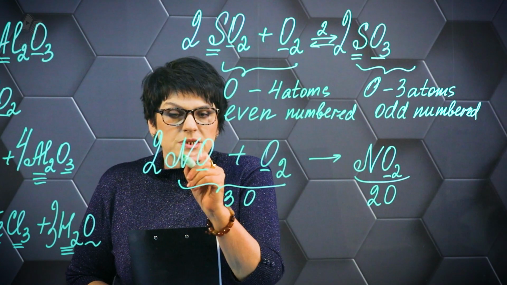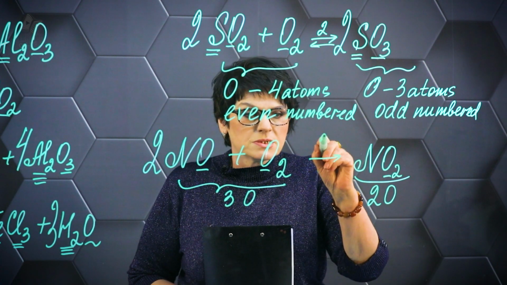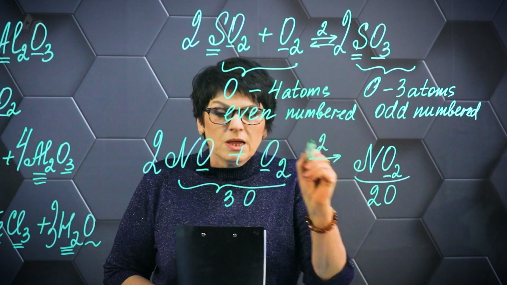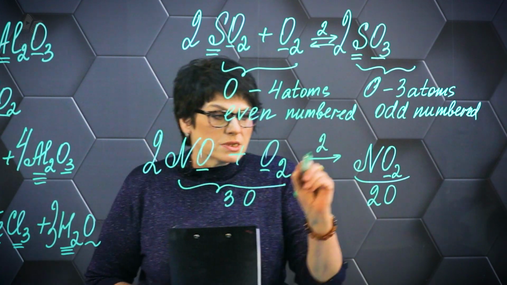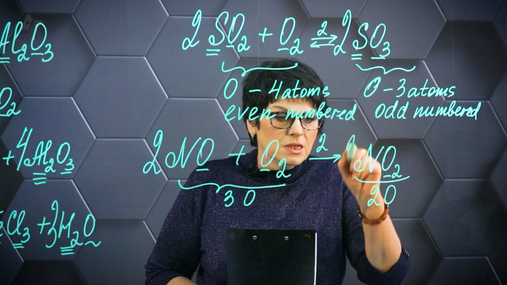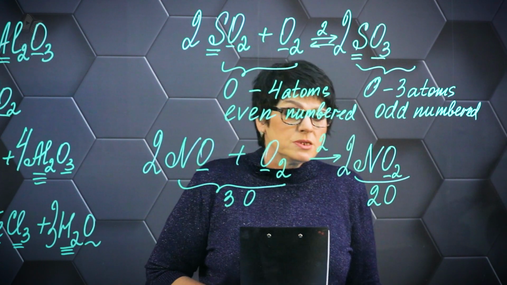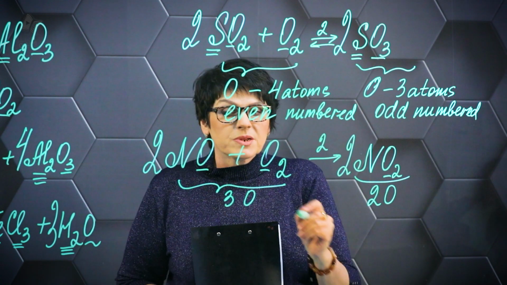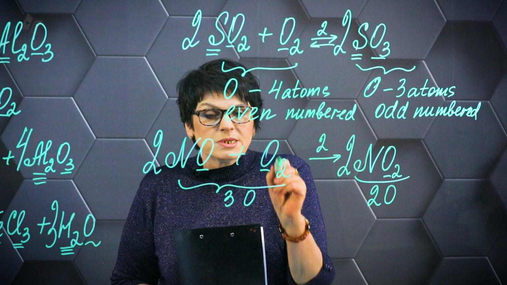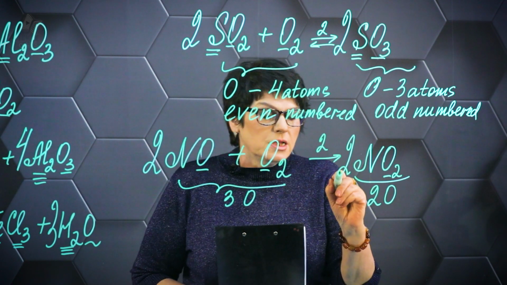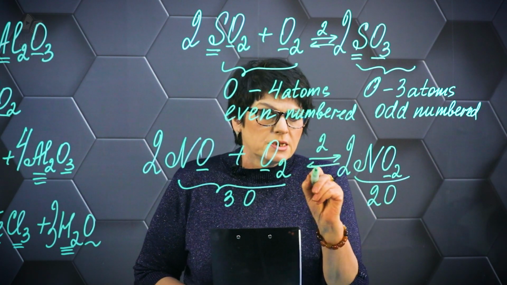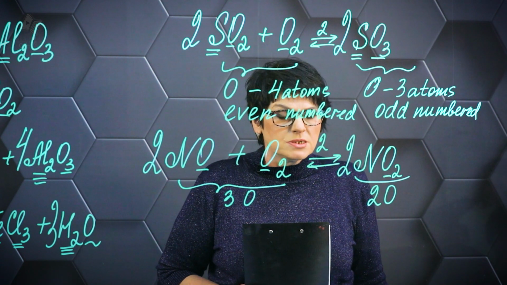We have 2 nitrogens on the left side and 1 on the right. So the multiple for nitrogen is 2. Dividing 2 by 1, we need to place the number 2 in front of NO. And now we just have to check the oxygen. There are 4 oxygen atoms on the left side and 4 on the right side. This reaction is also reversible.